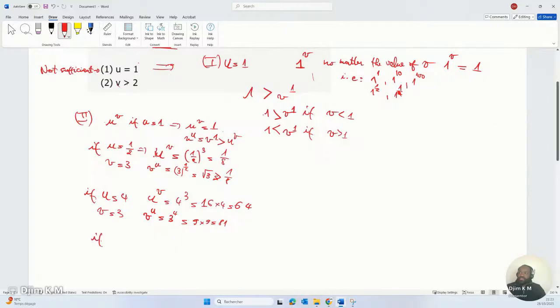Let's say if u is equal to 10 and v is equal to 5. And u is still equal to 3. 5 over 3, 25 times 5, and we will have v to the power u here, which will be 3 to the power 5.